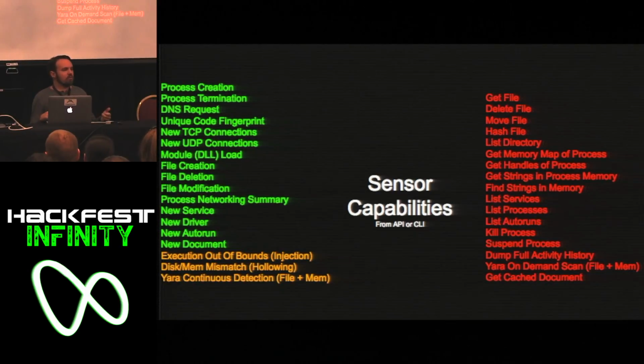So you can do things like detect injection, hollowing, or do consistent Yara, so if you have Yara signatures, over all of your endpoints in memory and on disk at all times, just with QoS, so you don't spike your boxes. The red stuff tends to be more interactive, but not interactive as in a human typing it. You probably don't want to kill processes at random. It's more when part of your automation or you decide to do these commands, usually that's when you will activate them.